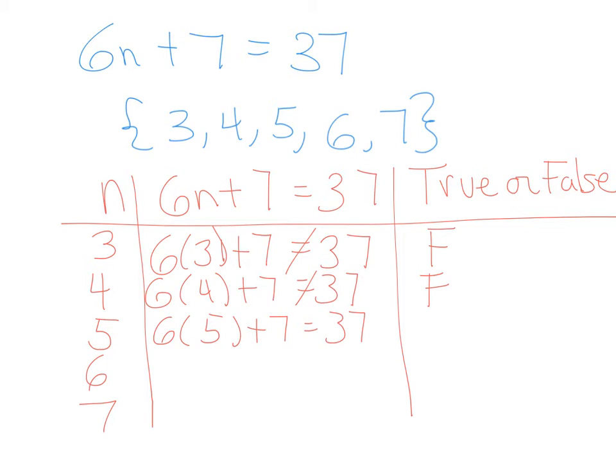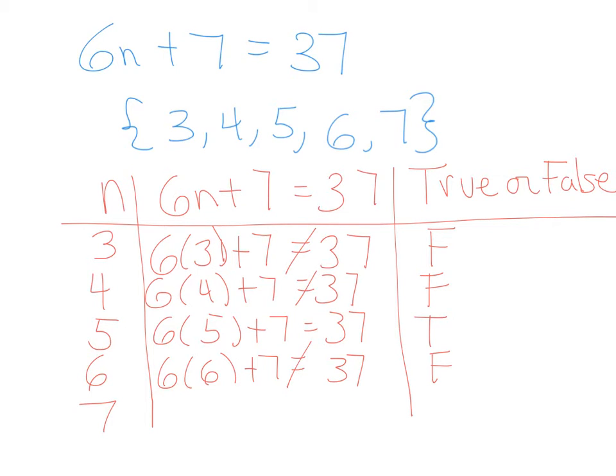So 6 times 5 is 30. 30 plus 7 is equal to 37. That one's true. Could keep going down the list. Try 6 times 6 plus 7 is equal to 37. 36 plus 7 is 43. Nope, that's false.